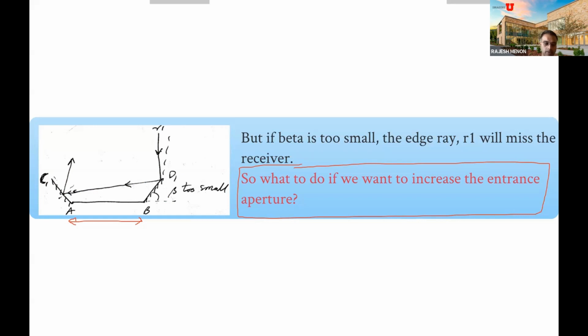To increase the concentration, if my receiver area is fixed, all I can do is increase the entrance aperture, which is where the light comes in. So what can I do to do that? So I want you all to think about this maybe for 30 seconds or so. And feel free to type in chat what you think should happen.